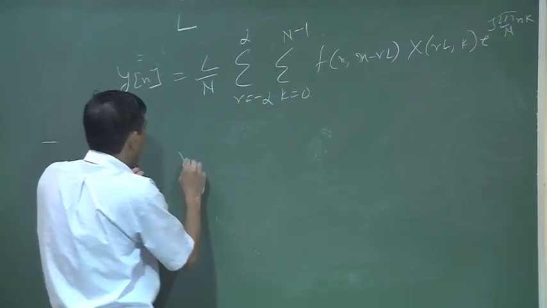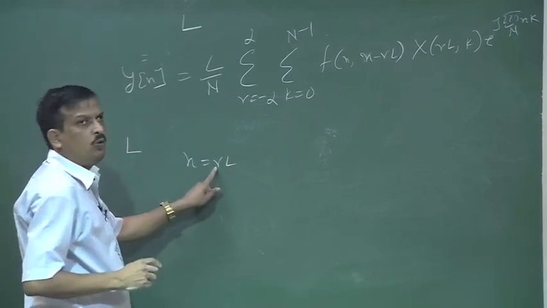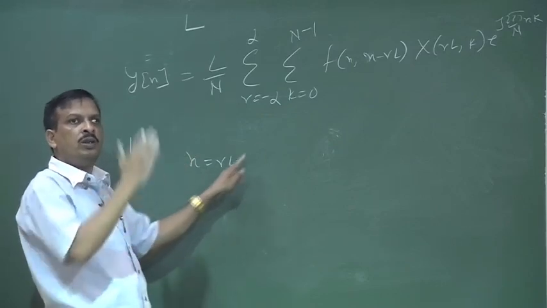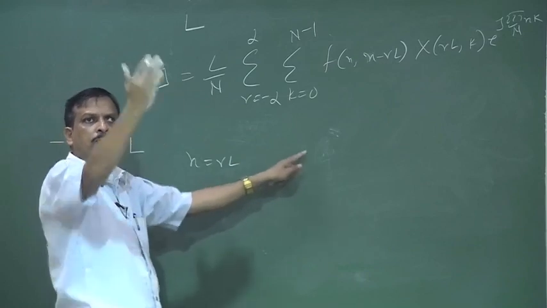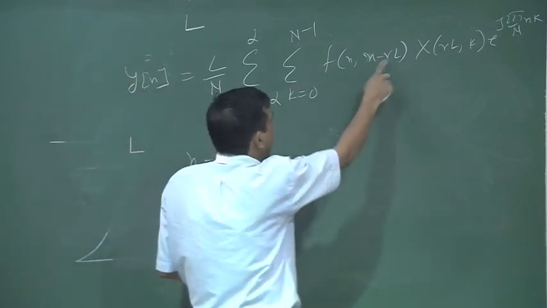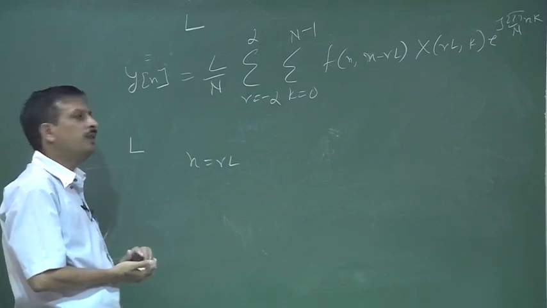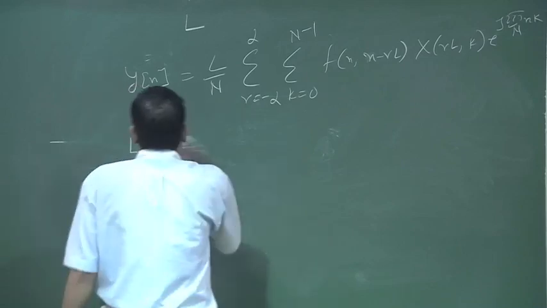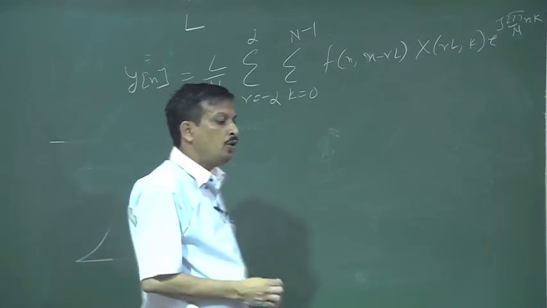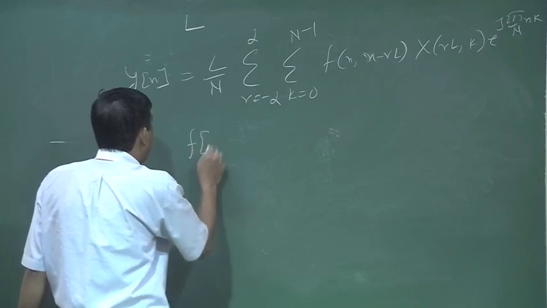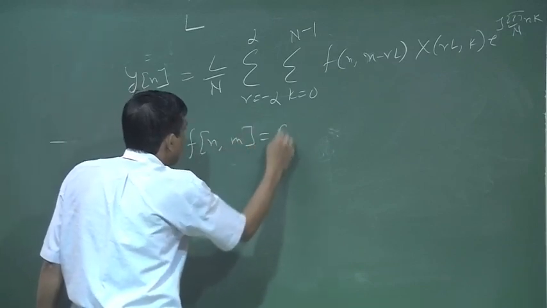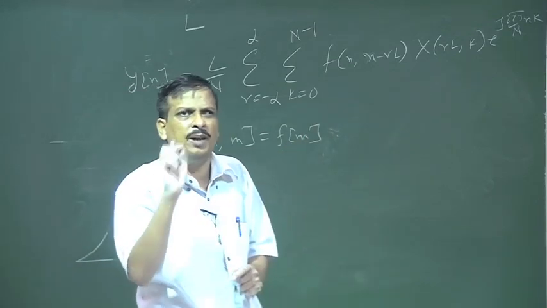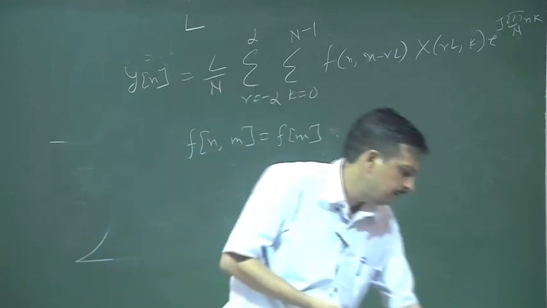So, if n is equal to nothing but r into L, so r equal to 1 is the first shifting, r equal to 2 is the second analysis window, r equal to 3 third, fourth, fifth, that is what I will get. So, I replace that with rL. Okay. So, for the time varying smoothing function, let us say f of n, m, where m is the number of samples, is equal to f[m].